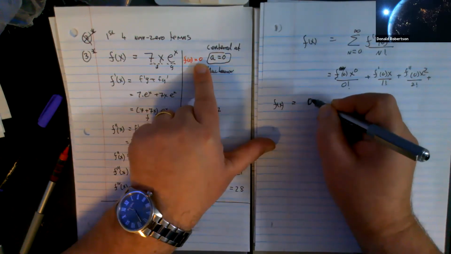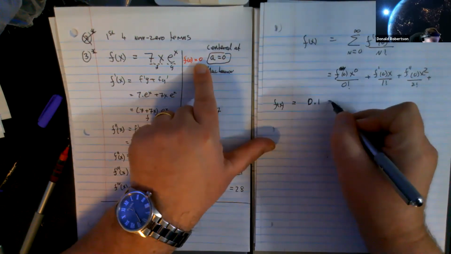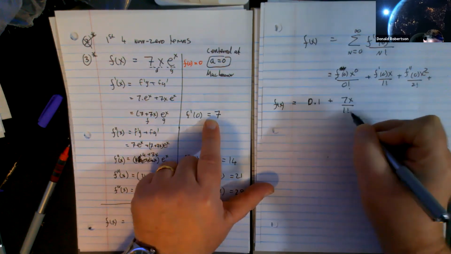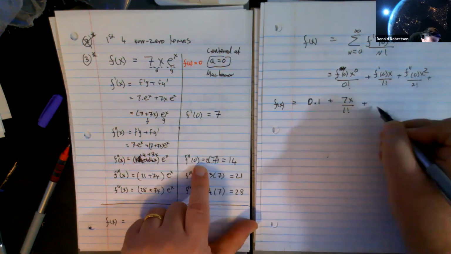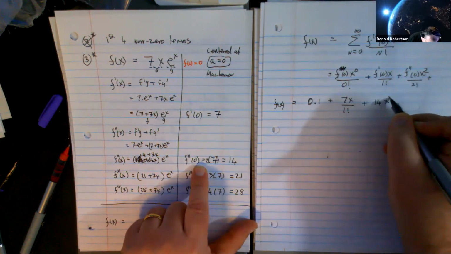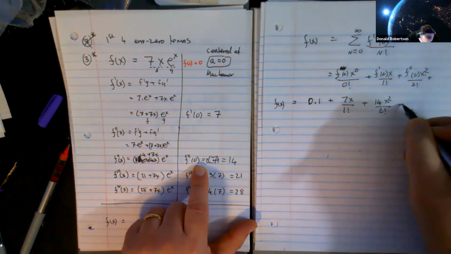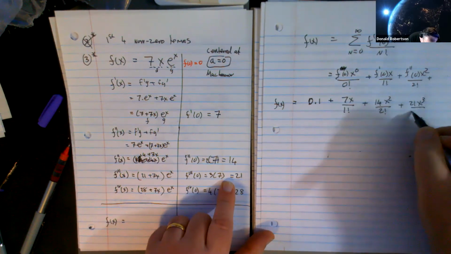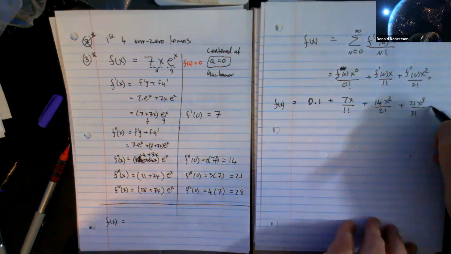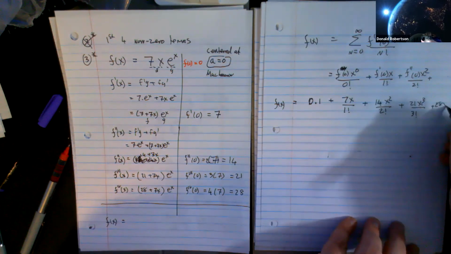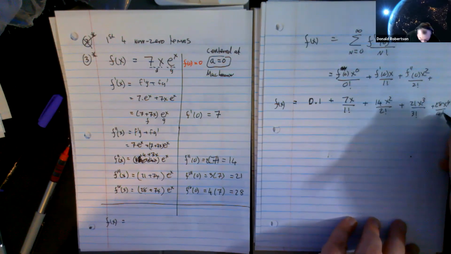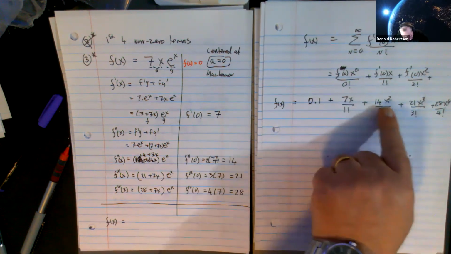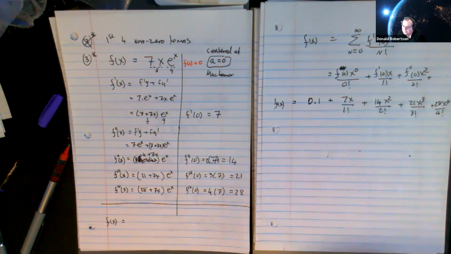So you get 0 times 1. The next one is 7x over 1 factorial. The next derivative was 14x squared over 2 factorial. The next is 21x cubed over 3 factorial, and the last was 28x to the 4 over 4 factorial. Because the first is 0, you need the first 4 non-zero terms.